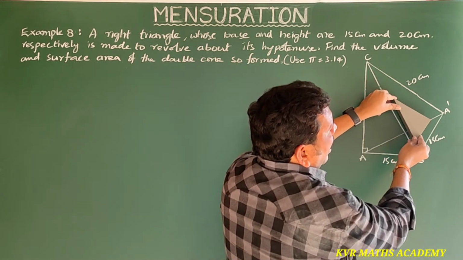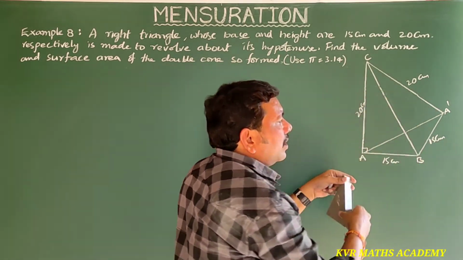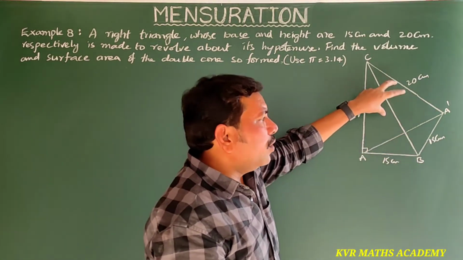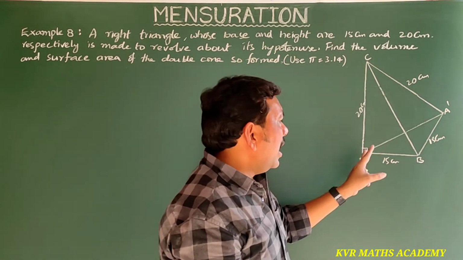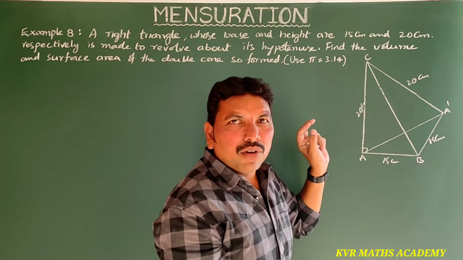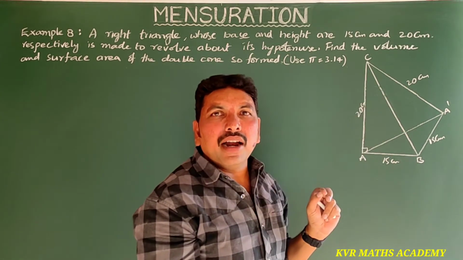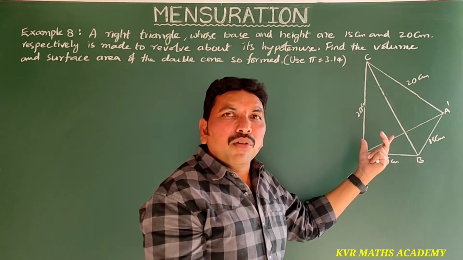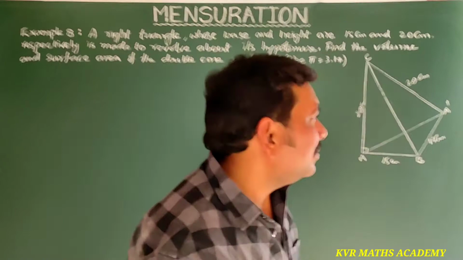So what has formed? Another right angle triangle has formed. So it will represent two cones. This one, AC A dash, is one cone and AB A dash is another cone. So we have to find the volume and the surface area of the double cone. Understood? Yes, let us do it now.